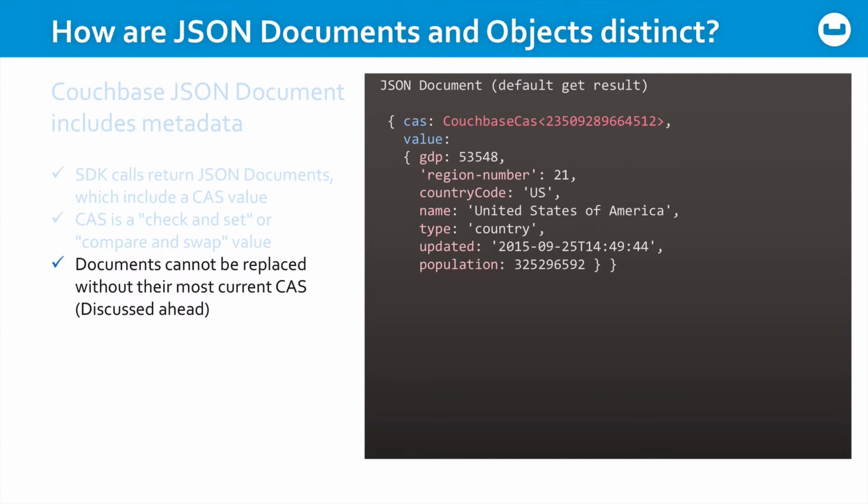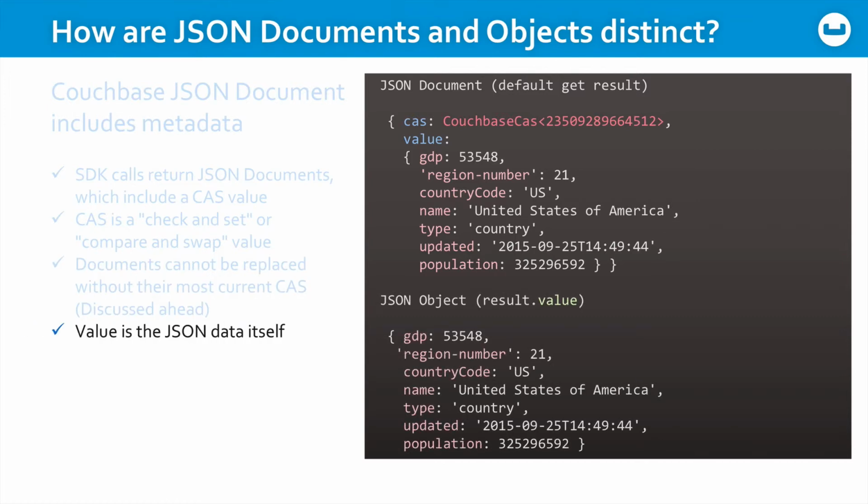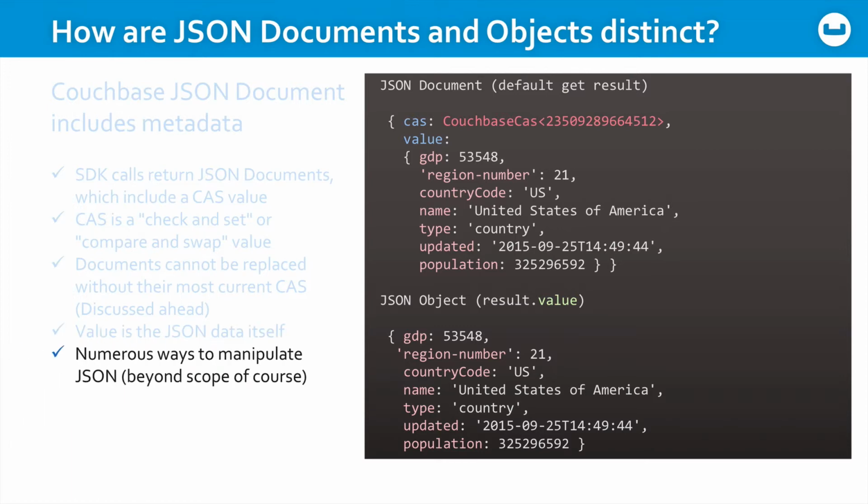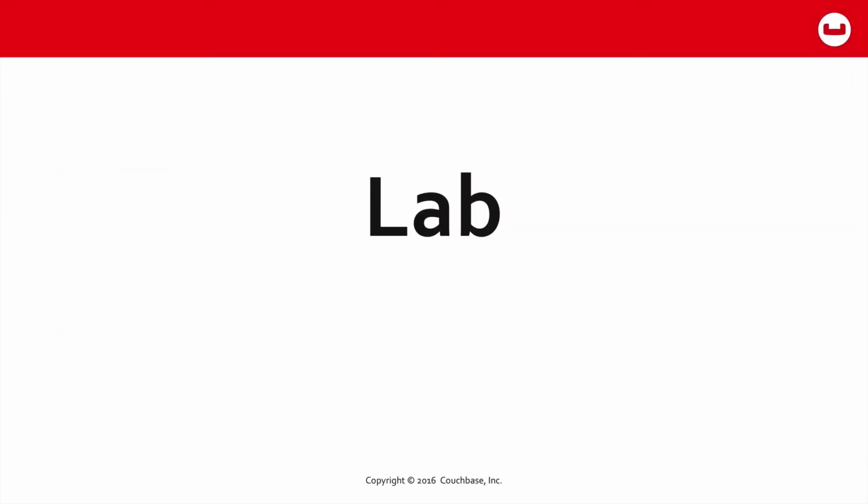We'll have a chance to look at that a bit ahead, but as you can imagine, this is how concurrency is managed. The value is the JSON data itself. There are, of course, as we said, numerous ways to manipulate JSON, but that's beyond the scope of this course.